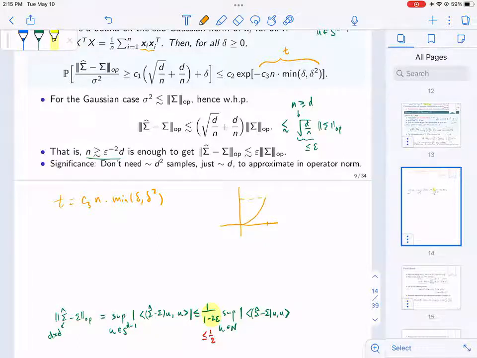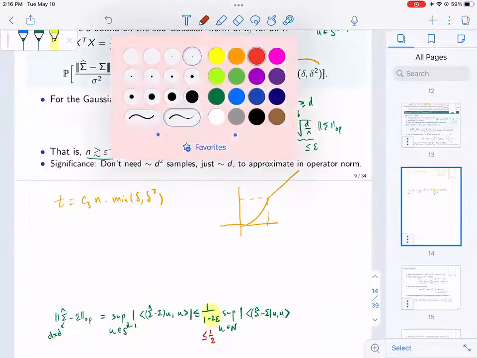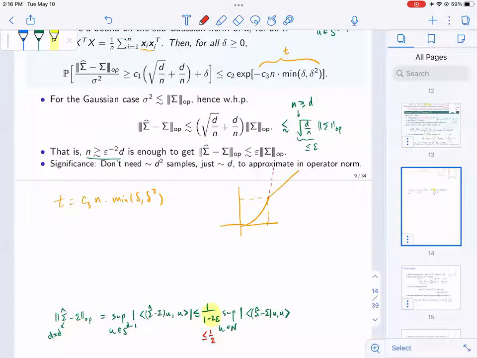And then after that, what would it look like? Maybe something like this, right? I'm going to ignore the c, so just the minimum of delta and delta squared. So below 1, the quadratic is smaller.